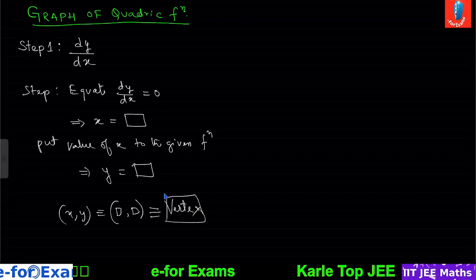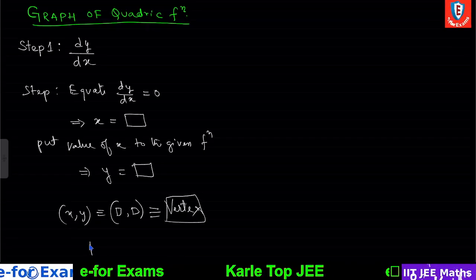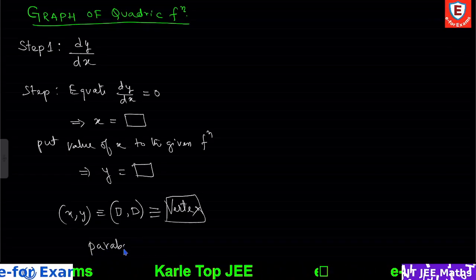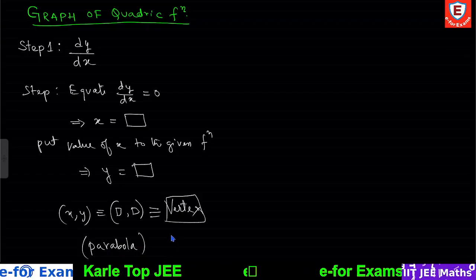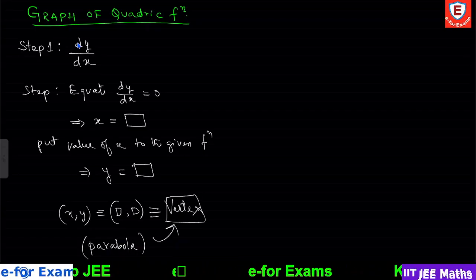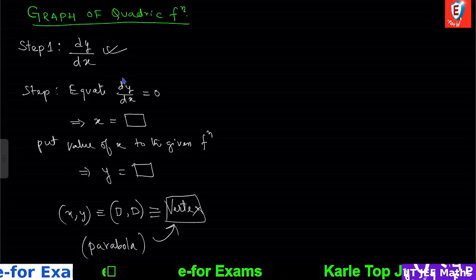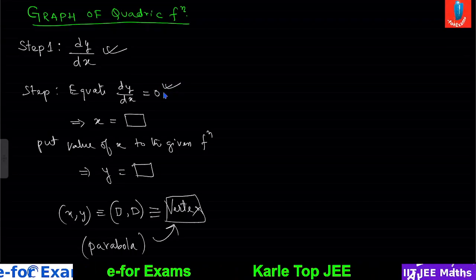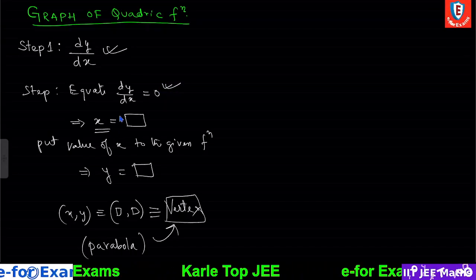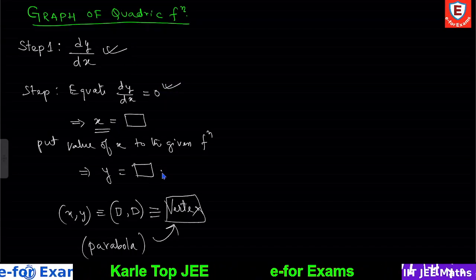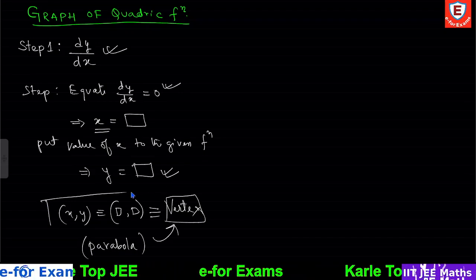The graph of a quadratic equation is a parabola. We all know this, right? So the vertex will be this one. How to find the vertex? First differentiate, then equate to 0, then you will get x. Then put the value of x into the given function, then you will get y. Then you get the vertex.